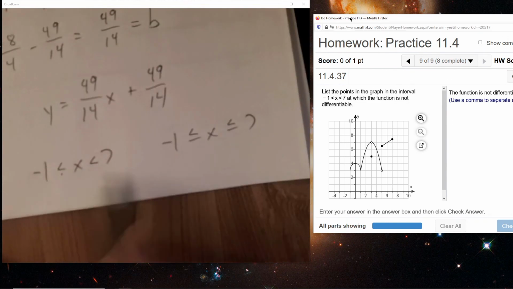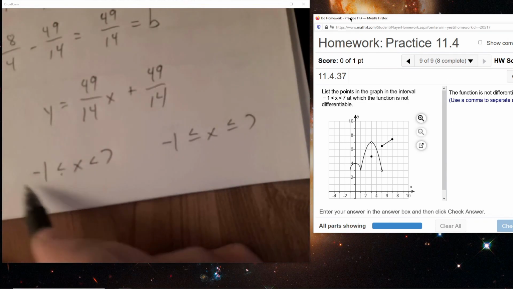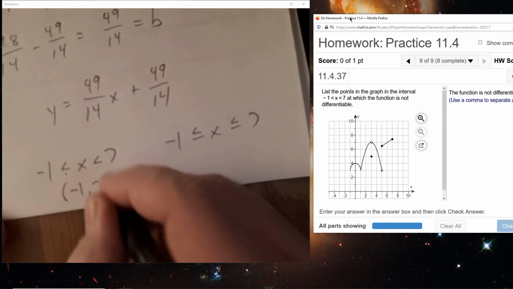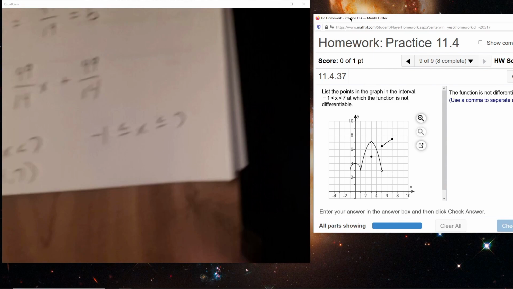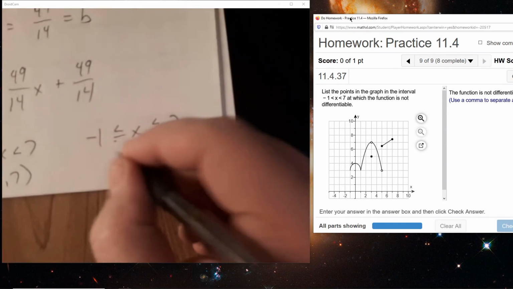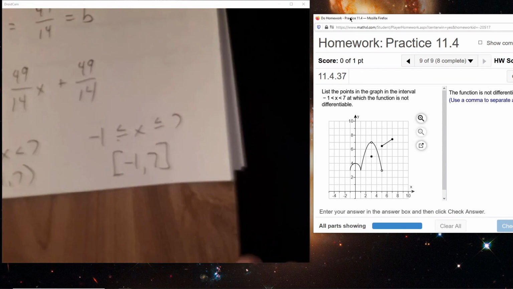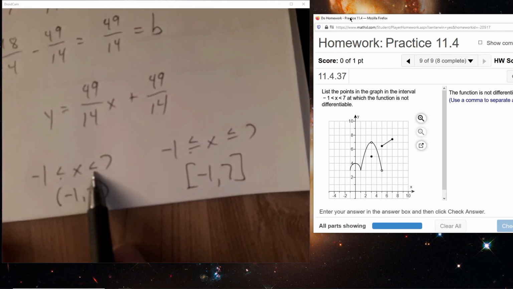So this is called inequality notation. If we put this back into interval notation, it looks like that. And if we put this interval notation, it looks like this. So in other words, no equal signs means the endpoints are not included.